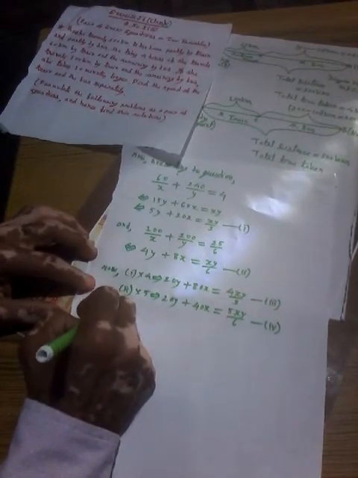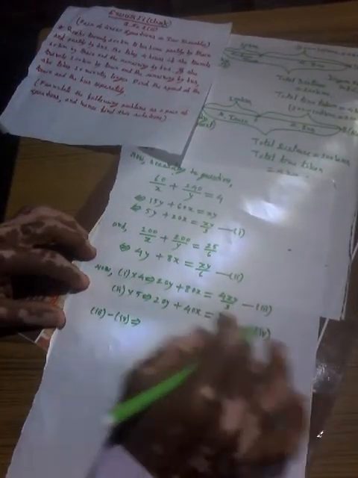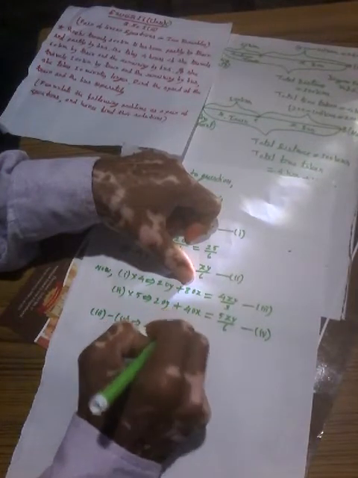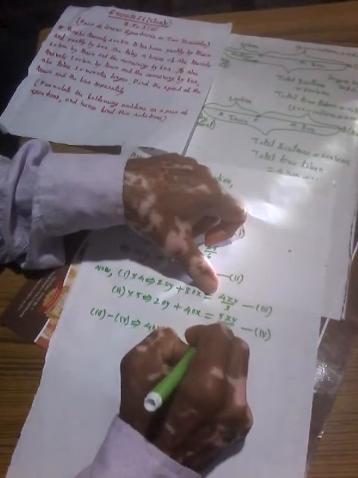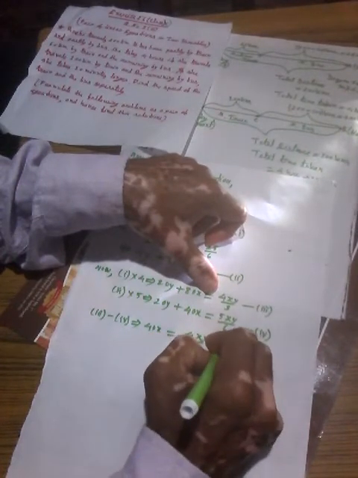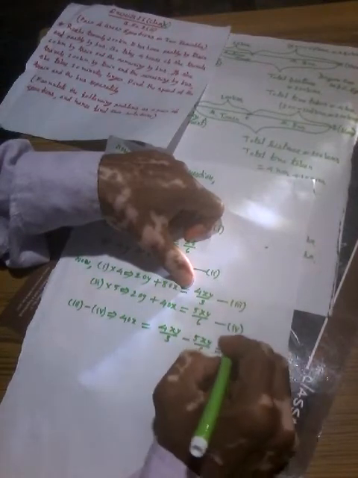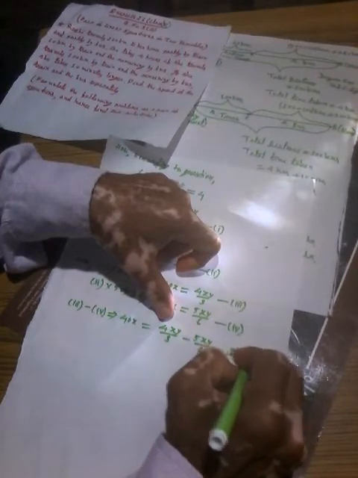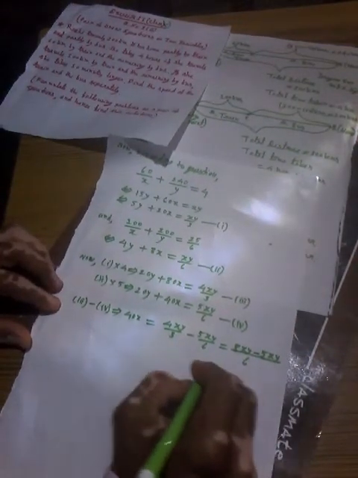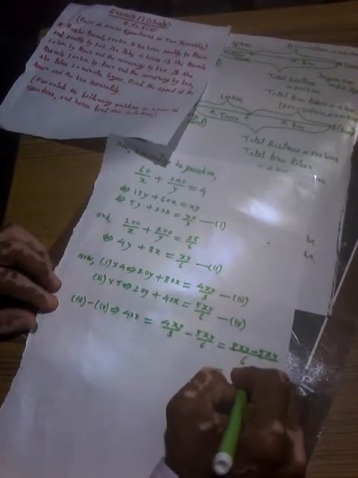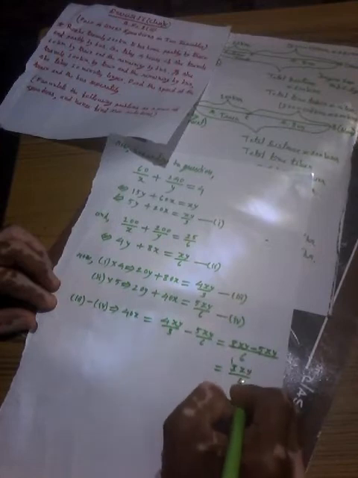Now 3 minus 4 implies 40x is equal to 4xy by 3 minus 5xy by 6, which is again equal to, take the LCM 6, 8xy minus 5xy by 6, which is again equal to thrice xy by 6. 3 1 the 3, 3 2 the 6.